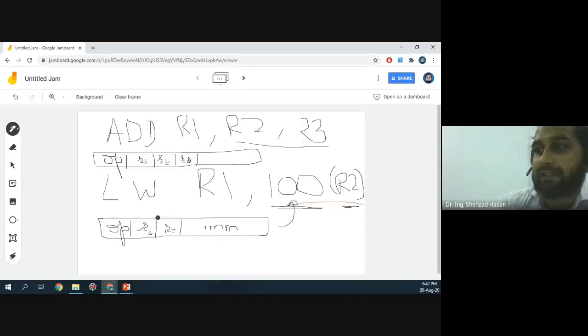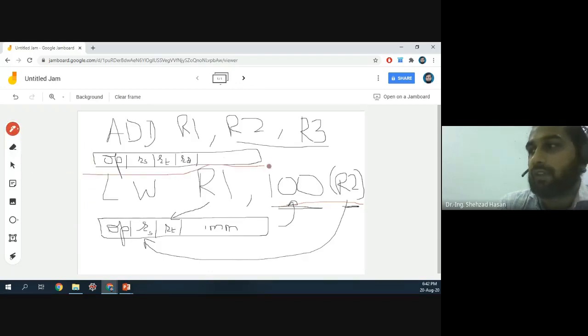So 100 would be stored over here. Now RS is the source register code, and RT is also normally the second source register code, but we don't have any second source register code, rather we have a destination register code. So this RT here is going to work as a destination register code. So we are going to store the code of R1 at this point, and this R2 code is going to be stored over here. This 100 is going to be stored over here, and the opcode would be for the load, and this then completes the instruction here.